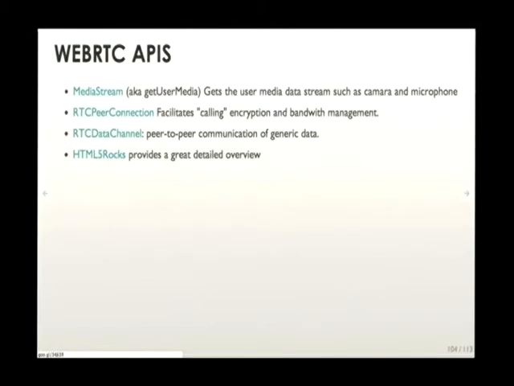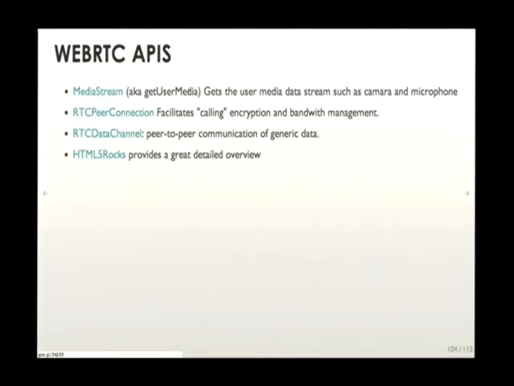WebRTC, it's important to keep in mind, is a set of APIs, not necessarily just one. The media stream or getUserMedia API is the one that enables getting at the media stream itself, accessing your camera and microphone. The RTC peer connection facilitates the calling and encryption and bandwidth management. That opens up the connection between two peers.